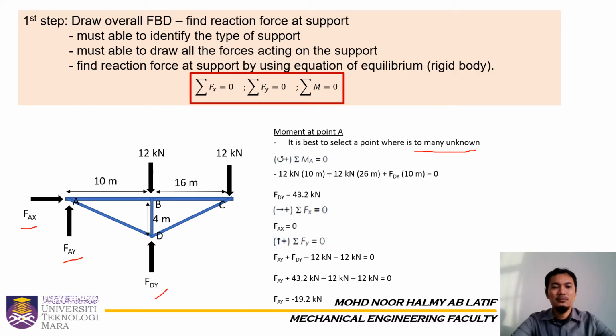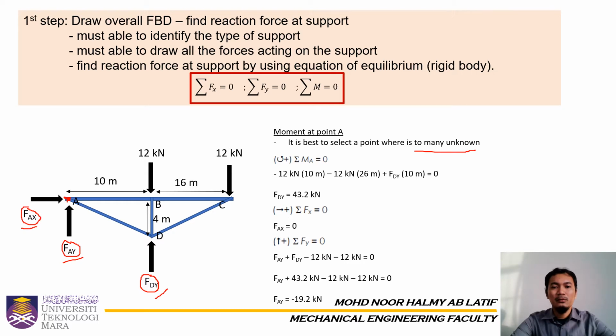So it is best to select point A, because when we take the summation of moment, we only deal with one unknown force, which is FDY. FAY and FAX will not be included in the process because there will be no perpendicular distance to the point, which eliminates the unknowns at A.